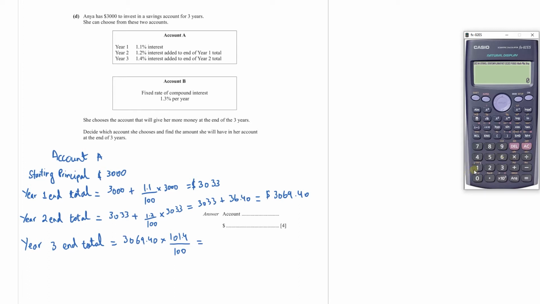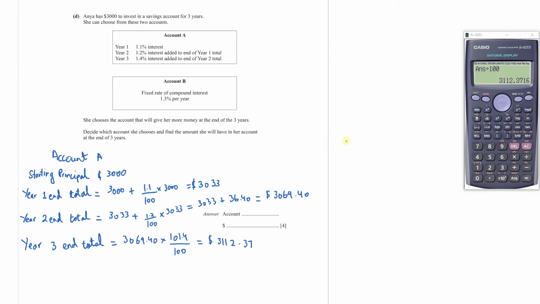Either way is fine. So 3069.40 multiplied by 101.4 and then divided by 100. So this will be $3,112.37.